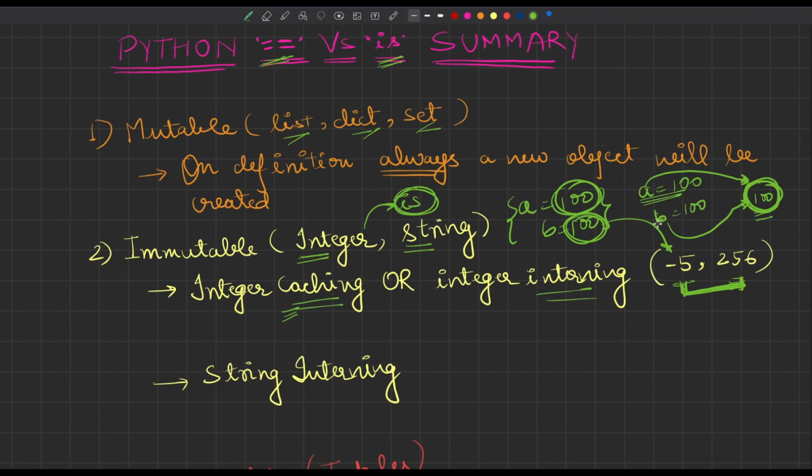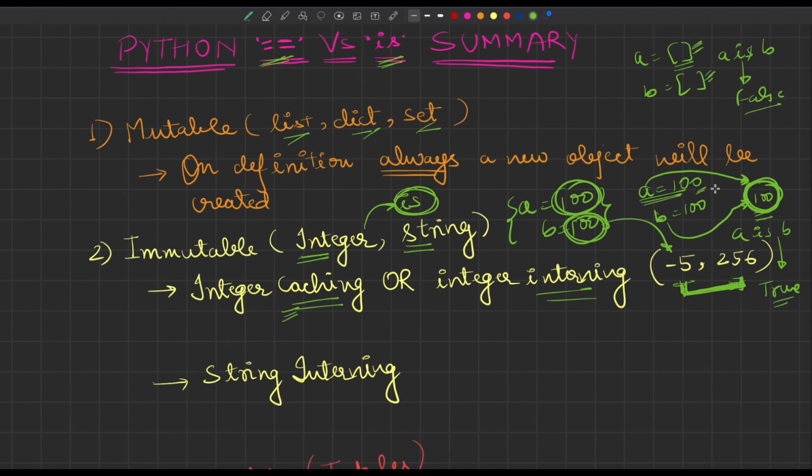So in this case, what will happen if you do A is B? This is always going to return true. Unlike the mutable type, where we created a list, defined it like this, and then defined B like this, and A is B was returning false. Why was that so? Because for mutable types, Python is always going to create a new object.